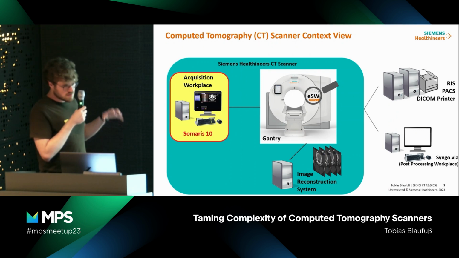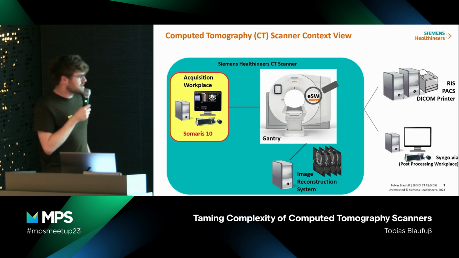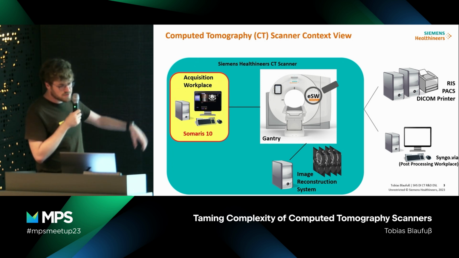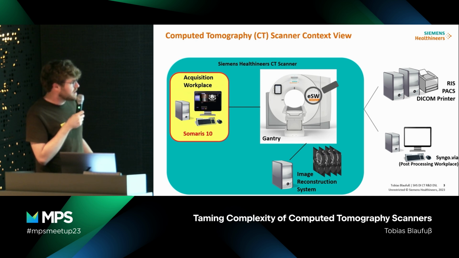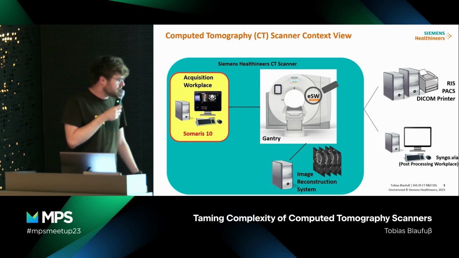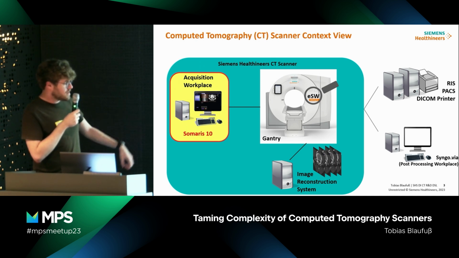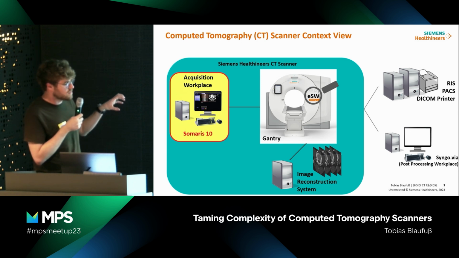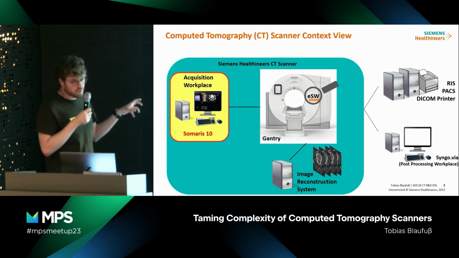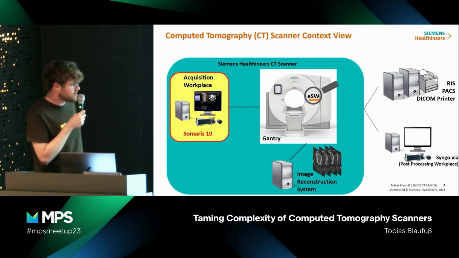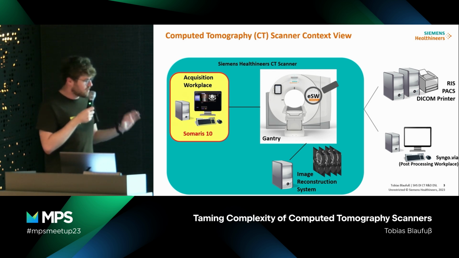Now let's go a little bit deeper into the software subsystems. On the gantry, there is the embedded software to control the hardware components. Attached to this gantry, there is the image reconstruction system, where the only purpose is to reconstruct images based on raw data, and it's a high-performance machine with this only purpose.